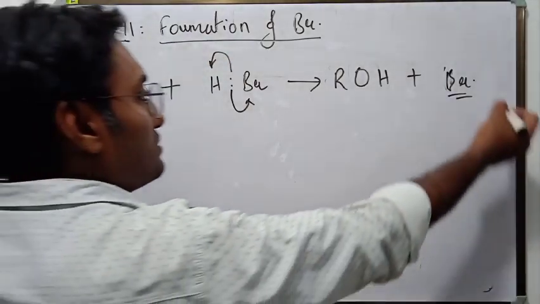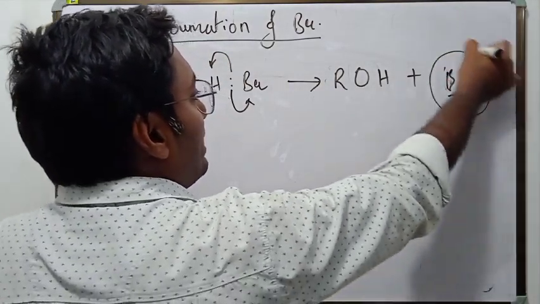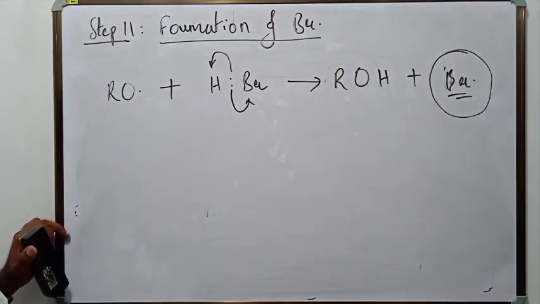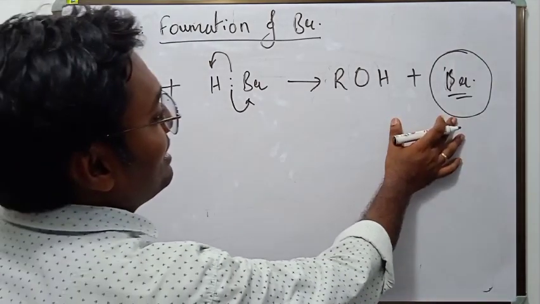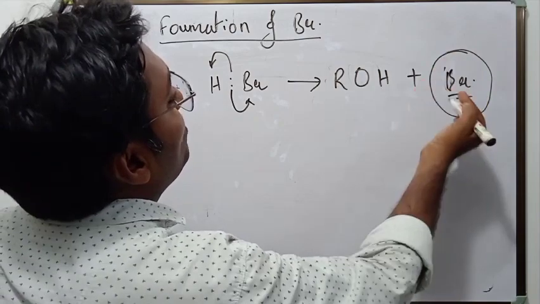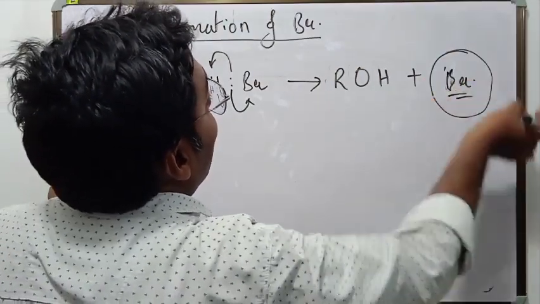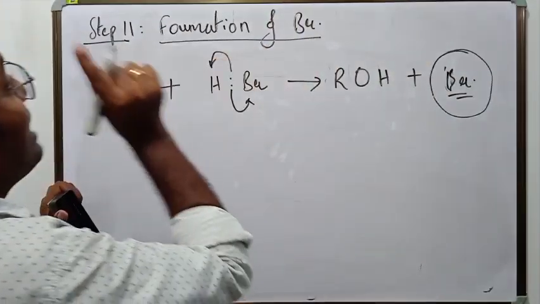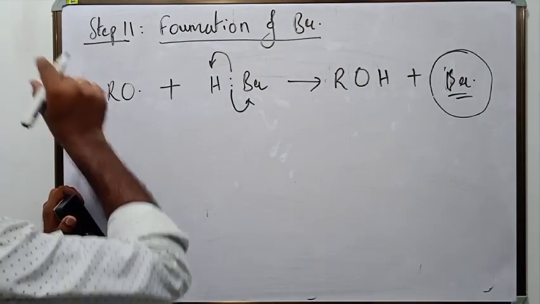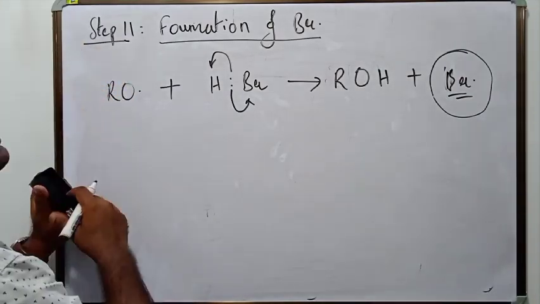Now dear students, what do you think? The bromine free radical will sit idle? Never. It is very reactive in nature and needs 1 more electron to become stable. That 1 electron it can get from the pi cloud of the unsymmetrical alkene. That is what we are going to see in step number 3.